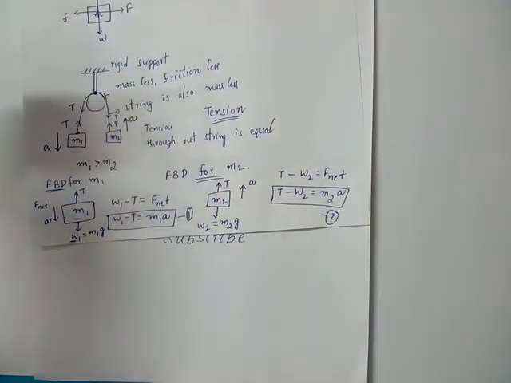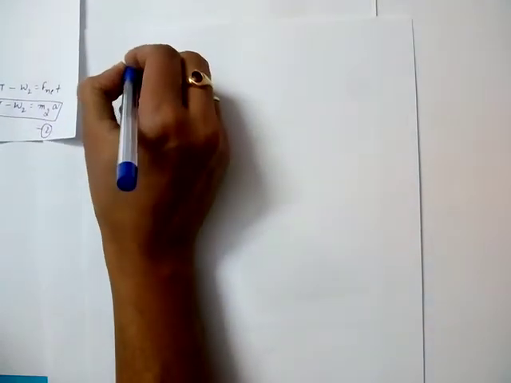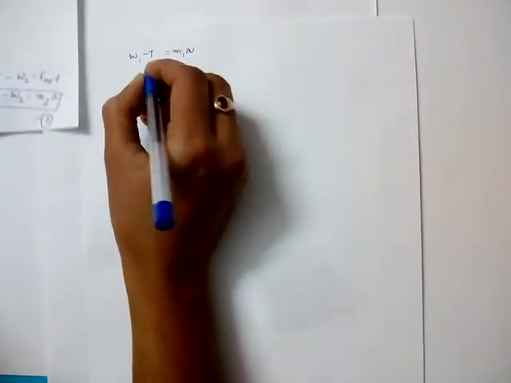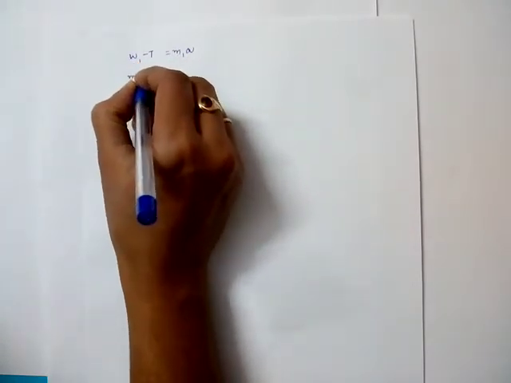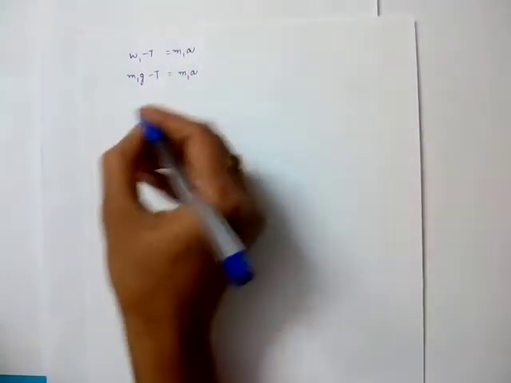Okay, we'll simplify these two equations. I'll write again. Here W1 minus T is equal to M1A. W1 we also know: W1 is M1G, so M1G minus T is equal to M1A.